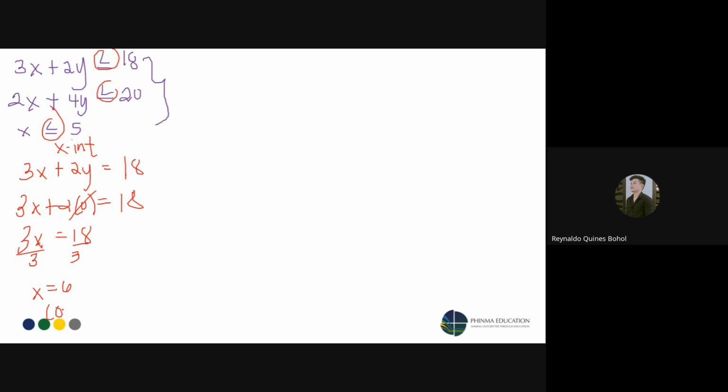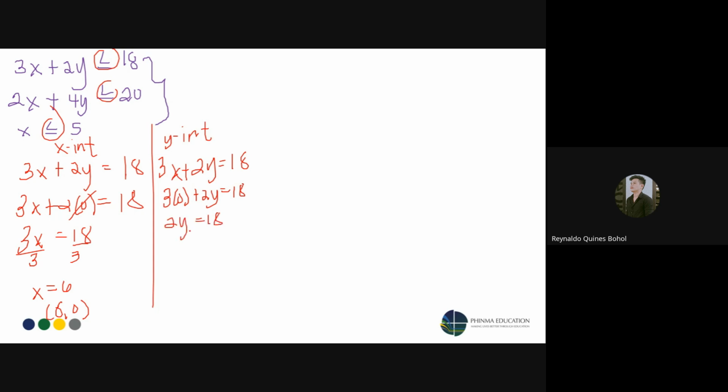The ordered pair here is 6, 0. Next is the y-intercept of the first equation, 3x plus 2y equals 18. So 3 times 0 plus 2y equals 18. Then 2y equals 18. Divide by 2, then y is equal to 9. And this is 0 and 9.